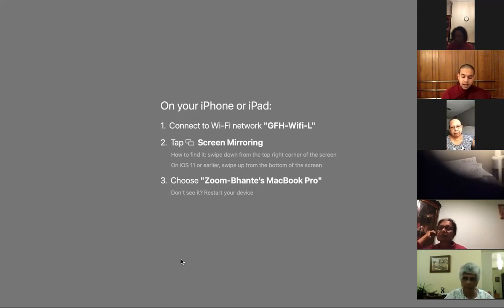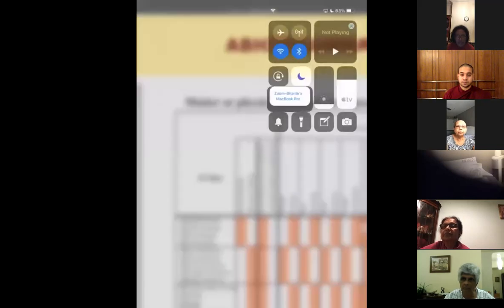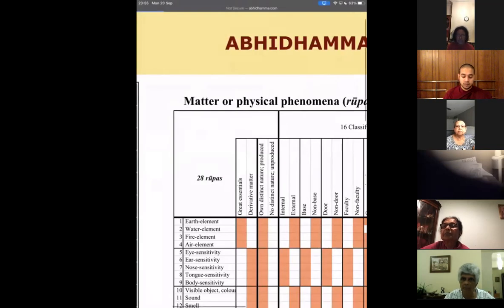Lightness, softness, adaptability, initial arising, continuity, decay, and impermanence. Let's go over the other part. There you go.